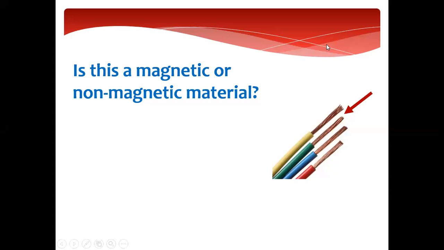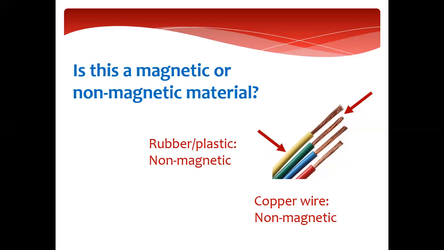Okay, here is the copper wire. The wire itself is made of copper, so it will be non-magnetic, as we said. And this part, which is made of plastic or hard rubber, whatever it's made of, will also be non-magnetic, because the rubber, the plastic, and the copper wire itself are non-magnetic. So the two parts of the wire are non-magnetic.